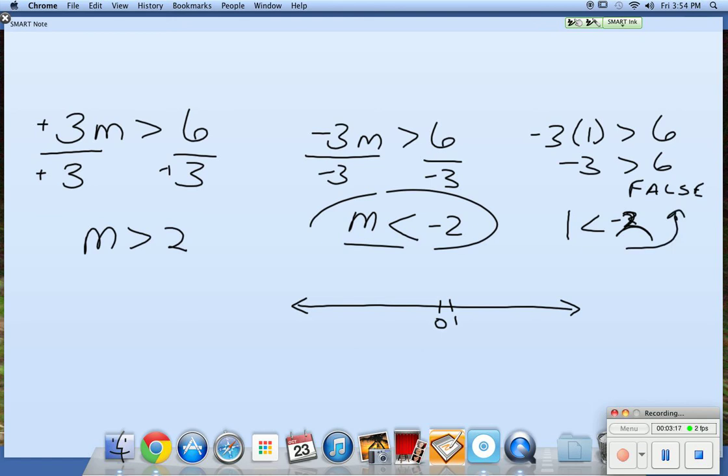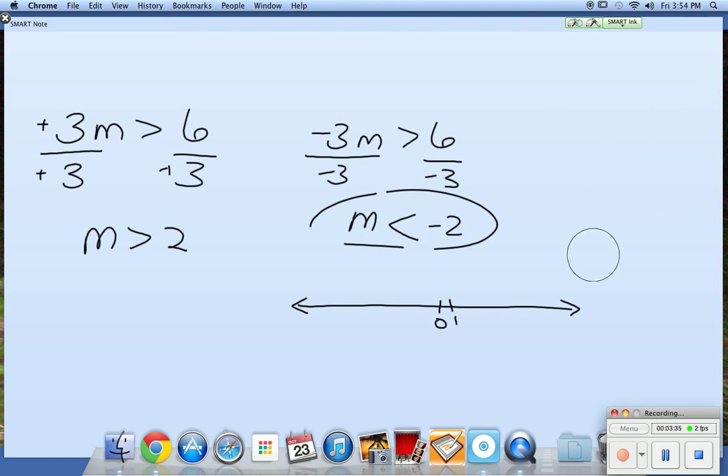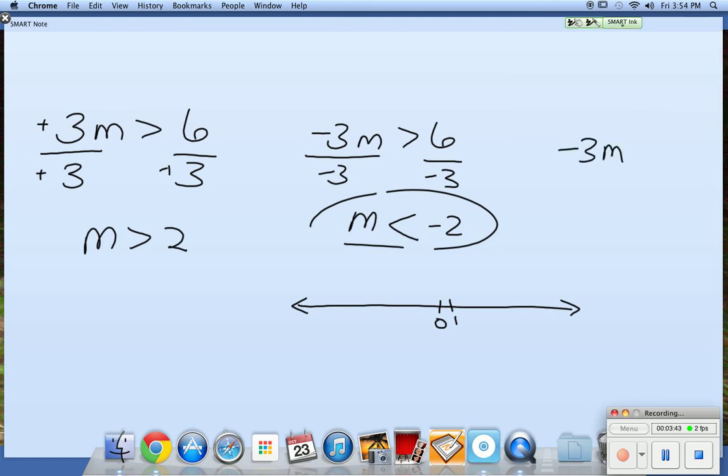What we've done is we've taken the equation and we had to keep it consistent with what it was before. If we wouldn't have kept it consistent, let's say we treated it just like we treat an equal sign, and we're not changing any signs. Let's see if these would come out the same then. If we took negative 3m greater than 6 and put 1 in for m, negative 3 is greater than 6, and we know that this is false.